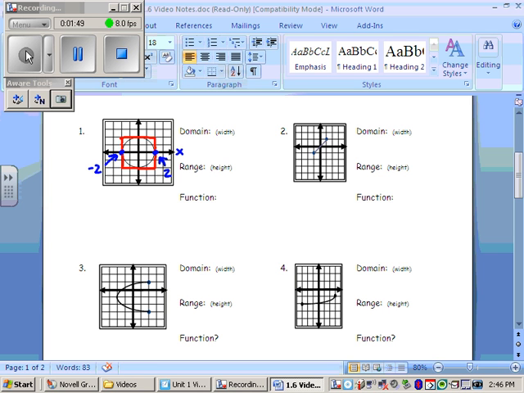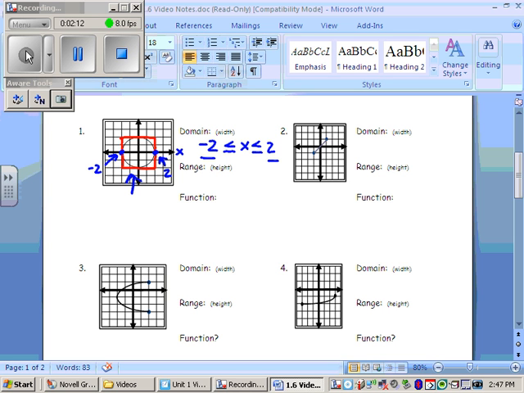When we write our domain, we will write, again, the smaller number first, less than or equal to sign. We'll use an x for the domain, another less than or equal to sign, and then a 2. What that tells us is that all of our x values for every point on this circle are between -2 and +2.